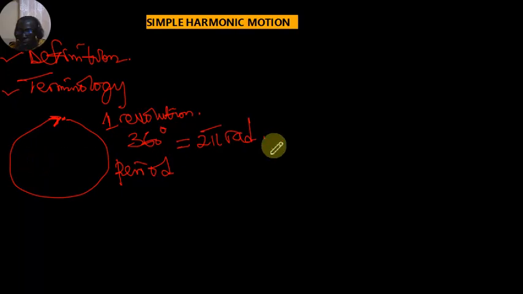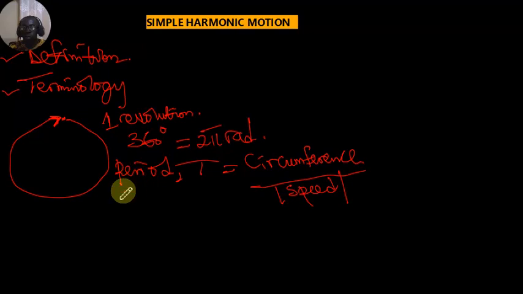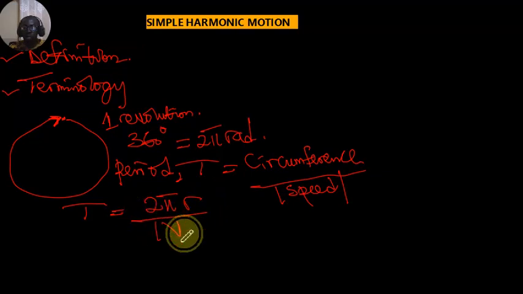That is the period T for this circular path: the circumference of the circular path over the modulus of the speed, or what we call velocity. So the period is the circumference of a circle, 2 pi r, over the speed, modulus of v.